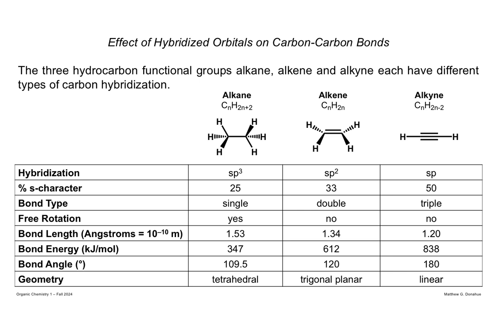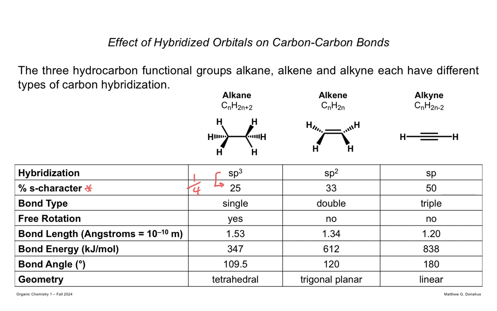And as we see in the first column, the hybridization that we're talking about, this percent s character, 25, 33, 50, that number comes from the hybridization. So for sp3, it takes 4 atomic orbitals, 1 s and 3 p. So we're taking 1 s and dividing it by 4 total orbitals. That gets us percent s character.